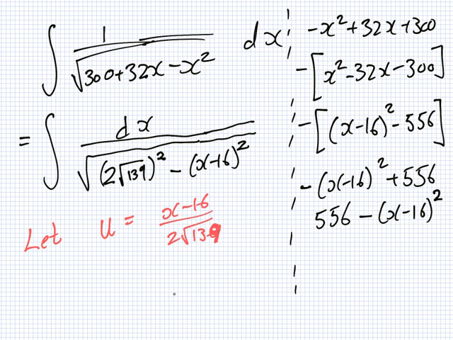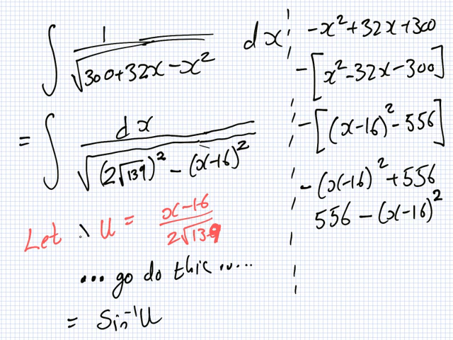Well, what we can do is get du dx, put the dx in here, replace the x here with the u, and simplify it, but we kind of know what the story is here. It's going to end up being sine inverse u, because the whole point of using this exact substitution is to simplify this into a sine inverse u.